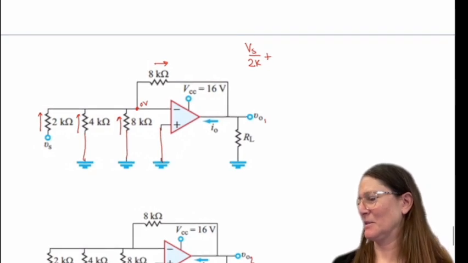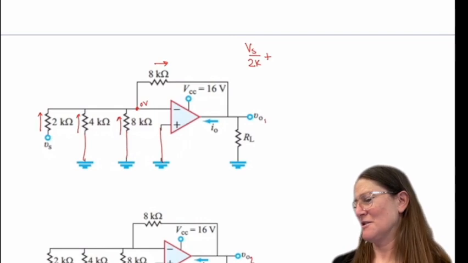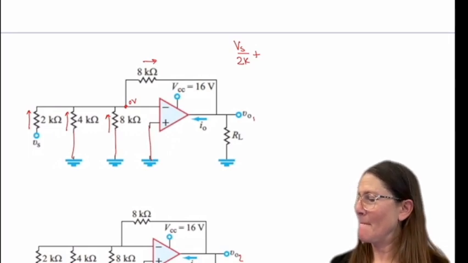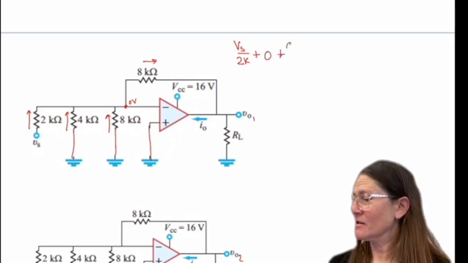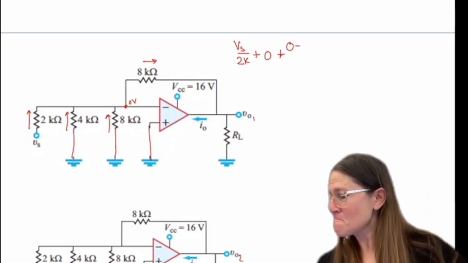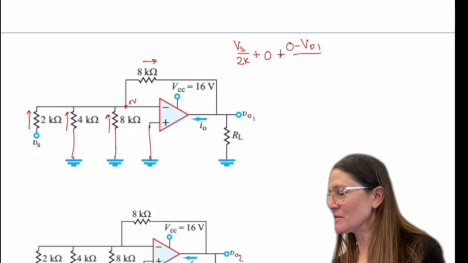How do I explain this one? I just went blank on this. 0 minus V naught over 8K.